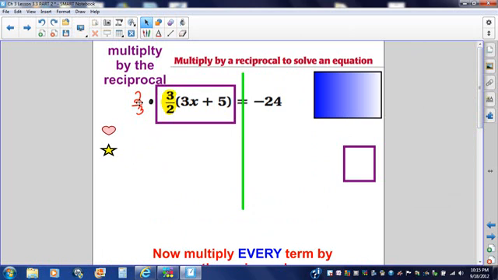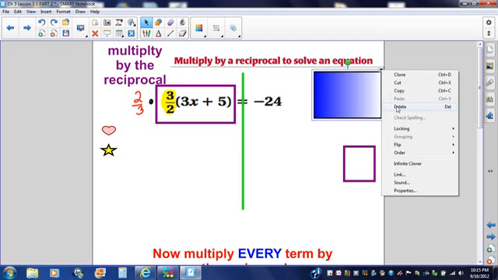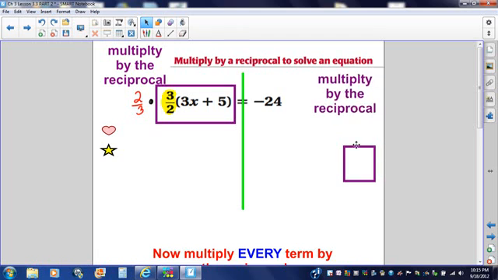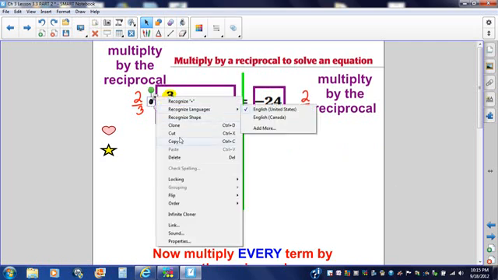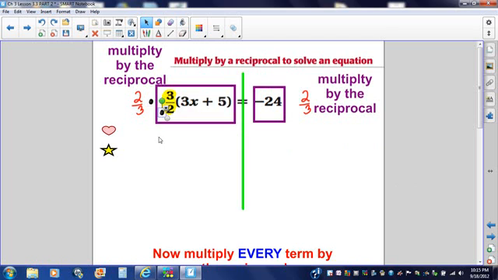Remember in math, whatever you do to one side, you are going to do to the other. So I'm going to put a 2/3 over here, and I am going to multiply by the reciprocal.